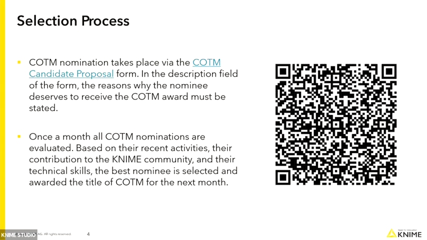They have to fill a few fields to propose you. And in some of the fields, there must also be the reason why this person is being nominated. So again, the process is that somebody proposes you, then we meet once a month, and based on the people who have been proposed, we choose the best candidates to become the contributor of the month.